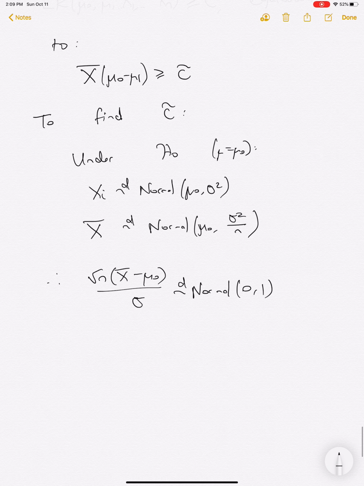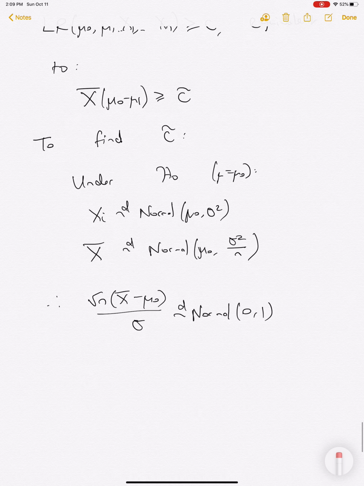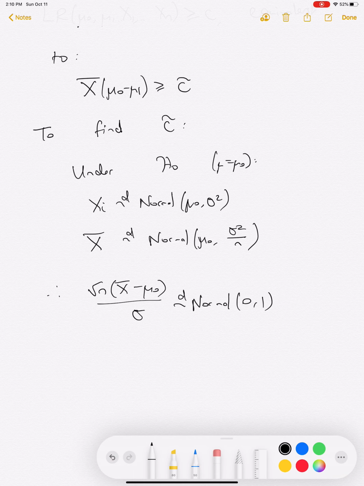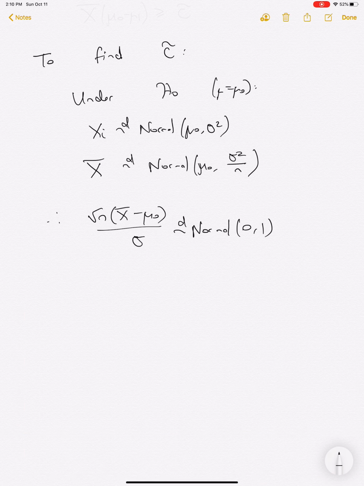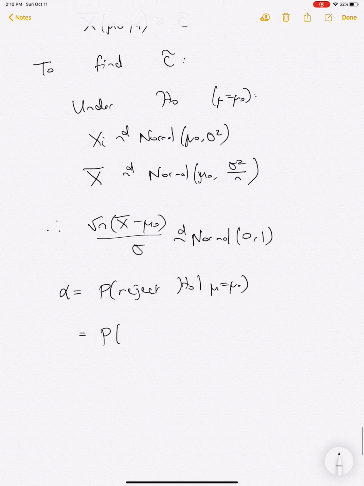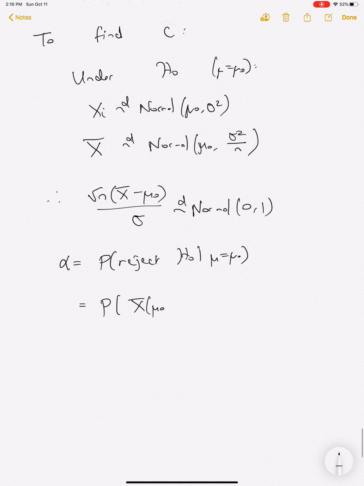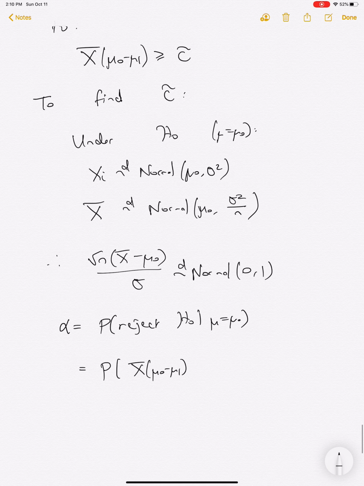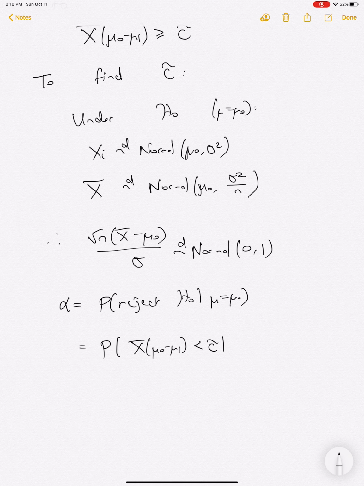And so alpha equals the probability that you reject H naught given H naught is true, or I'll say given that mu equals mu 0, which is equivalent to the probability that x bar times mu 0 minus mu 1 is less than C tilde, given that mu equals mu 0.